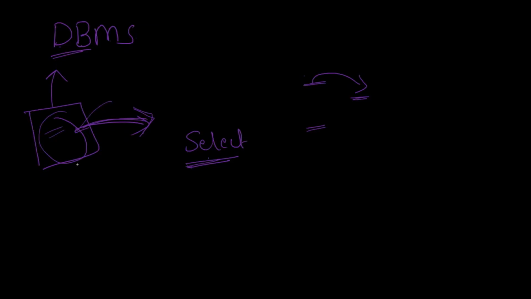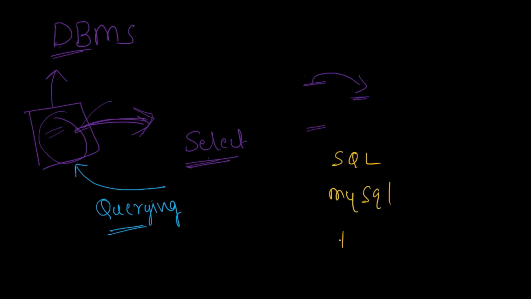The process of writing a query and fetching the data from a database is called querying the DB. Now, when I'm communicating with you, I'm using a language to do so. Same way, when I want to query the data in the database, you need to know a query language. Most of the DBs, for example, SQL Server, MySQL, SAP HANA, Oracle DB, all these databases can understand one language called SQL.